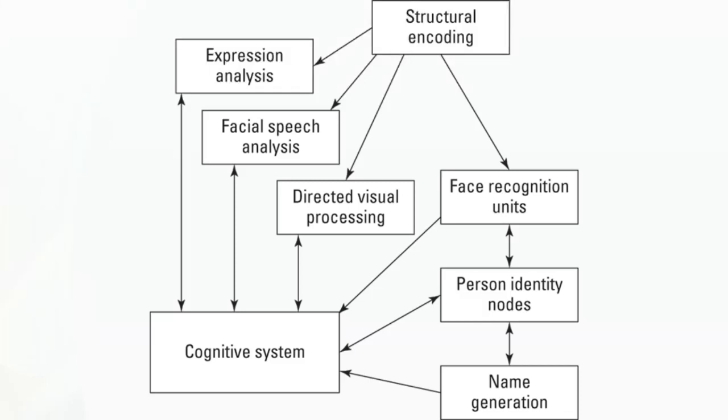We also have person identity nodes, which link all information specific to a known individual. And then we have name generation, which stores names separately. Lastly, we have cognitive systems, which store other information such as facts about someone.